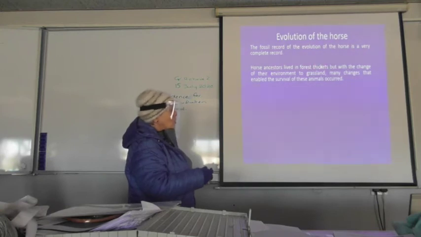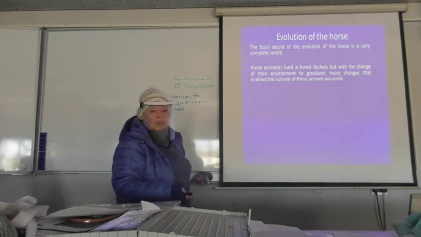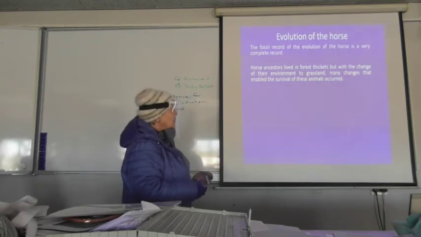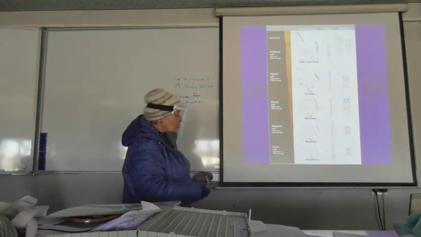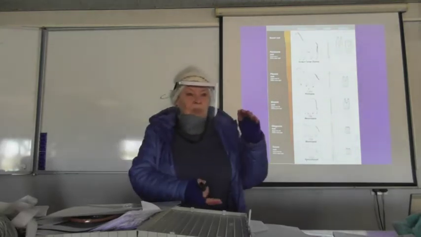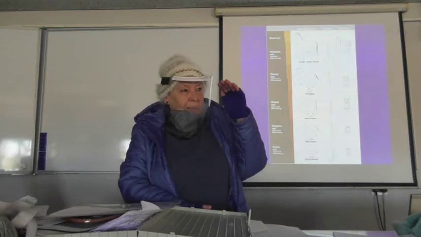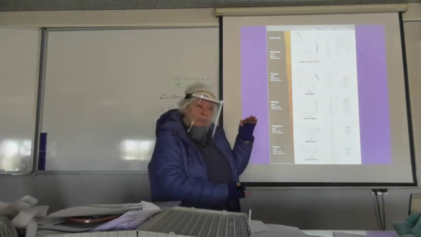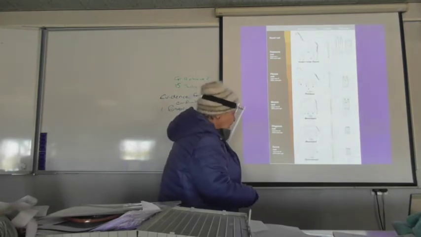Now you know that it's problematic to walk through forests because you hit your head on things. And so the ancestors were really tiny, 0.4 meters. That means your ruler and a little bit longer. So it's not very tall at all.